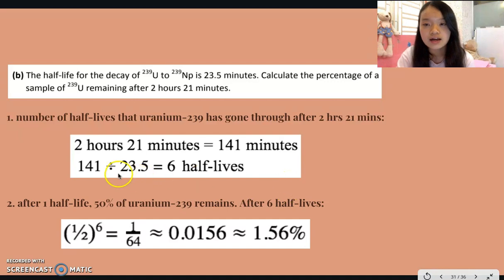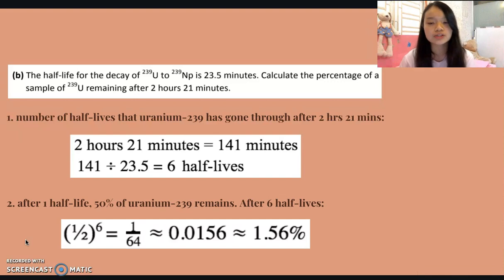Since the half-life is 23.5 minutes, after 1 half-life, 50% of the uranium-239 remains, and therefore after 6 half-lives, I take 1/2 to the power of 6 to get 1/64.